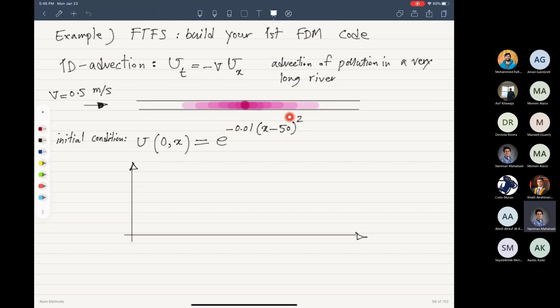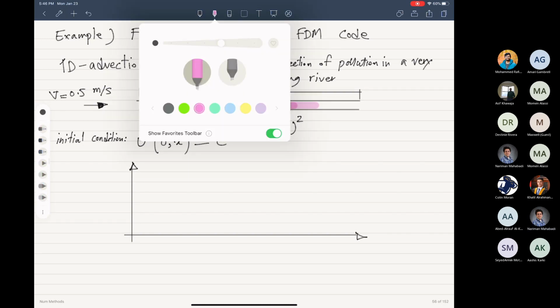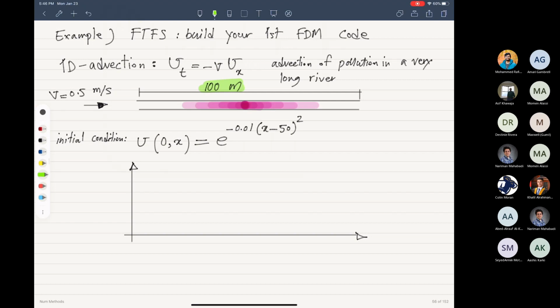If you see the form of the equation, and let me actually give you the dimension of the river so it makes more sense. The length of the river is 100 meter. Okay, now let's look into this equation.